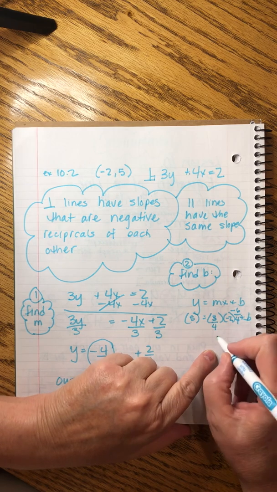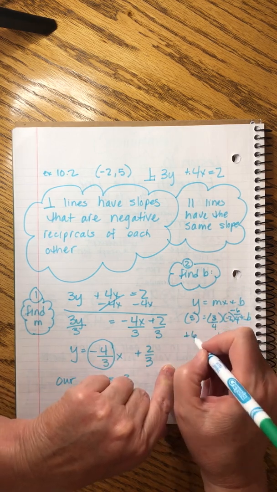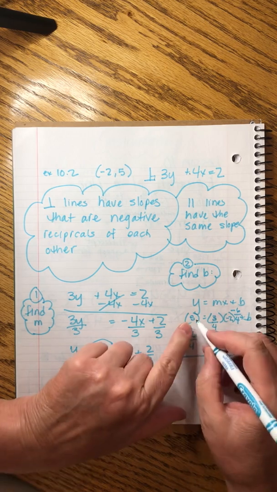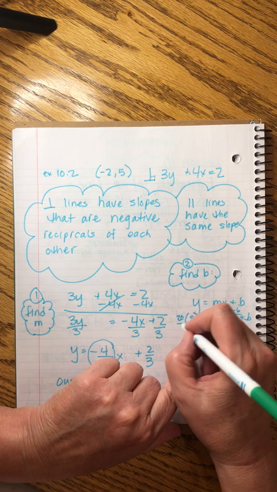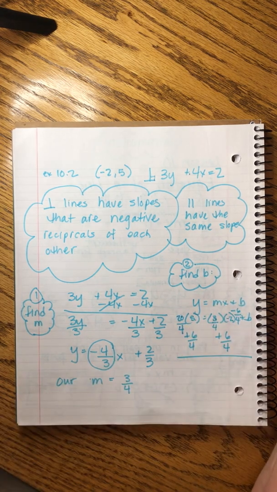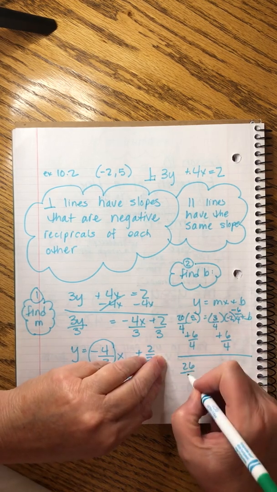That's kind of crowded and messy. So I'm going to add 6 over 4 to both sides. I'm going to change that 5 to something with a 4 in the denominator, so that's going to be 20 over 4. And when I add them together, it's going to be 26 over 4.